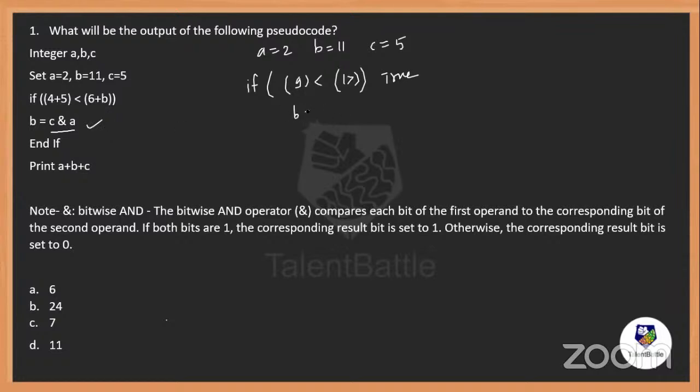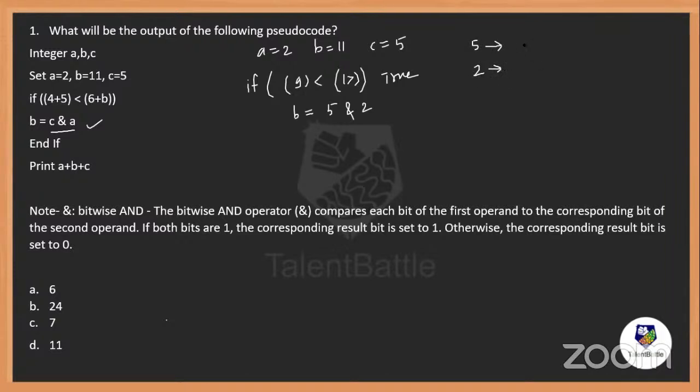So B is equals to, new value of B will be calculated. The value of C is 5, and bitwise AND will be performed with the value of A, that is 2. So again, we have to deal with the binary for 5 and binary for 2 and then bitwise AND operation.